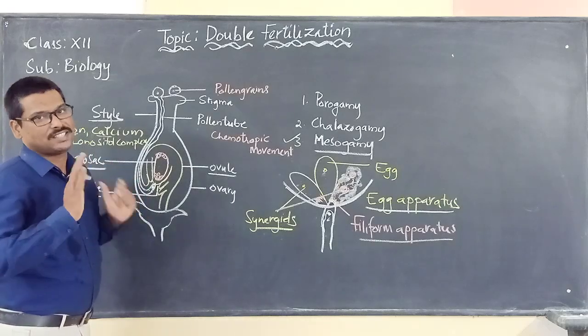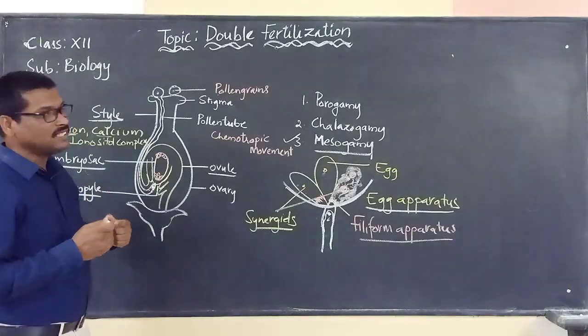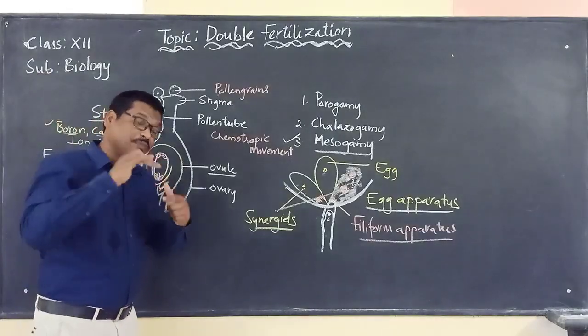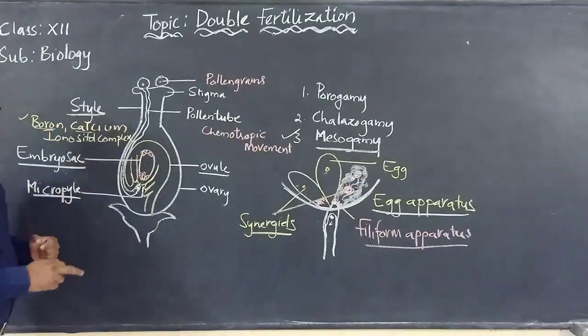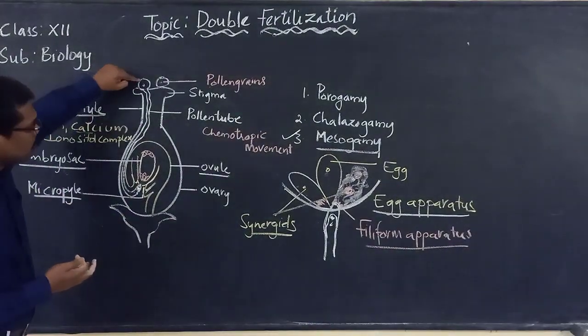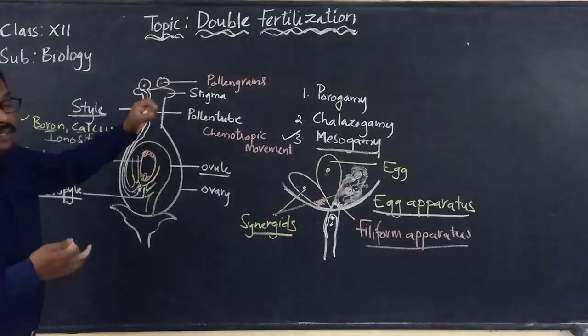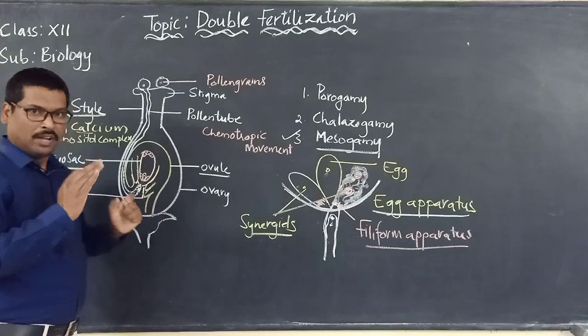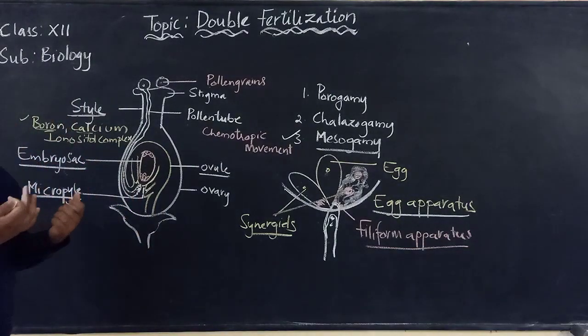Pollen pistil interaction. Now what we are going to discuss is what is happening after the pollen tube comes up to the ovule. From the time the pollen grain falls on the stigma until it reaches the ovule, it is called pollen pistil interaction.